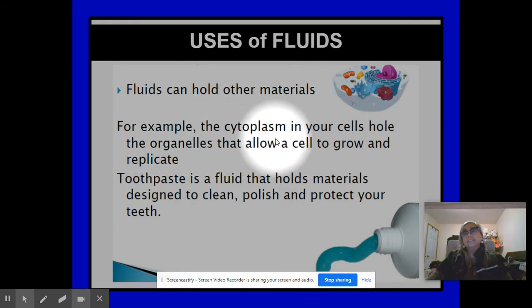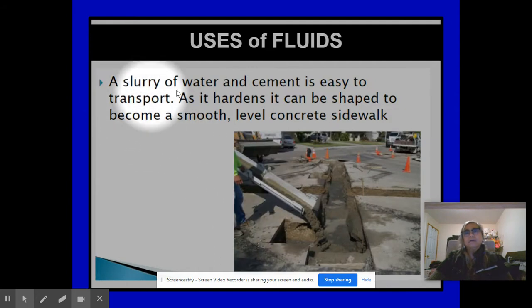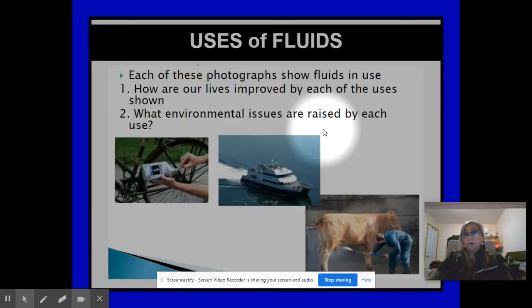Okay. Now, fluids can hold other materials also. For example, the cytoplasm in your cells holds the organelles that allow a cell to grow and replicate. Toothpaste is a fluid that holds materials designed to clean, polish, and protect your teeth. Okay. Now, a slurry of water and cement is easy to transport. As it hardens, it can be shaped to become a smooth, level concrete sidewalk.